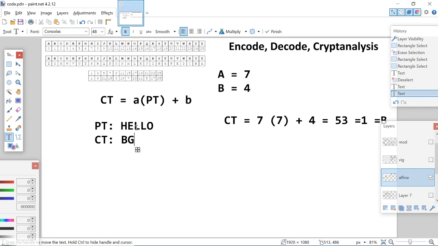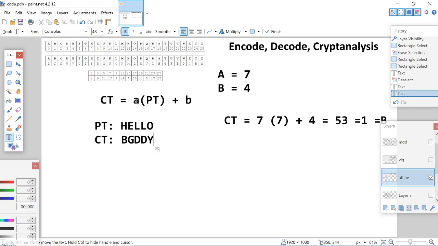I get 3. So D, sorry, because obviously they're the same, both D. 14 times 7 plus 4 divided by 26 minus the whole number times 26. 24. So Y. So in this case, that is the whole thing encoded. Simple. It's really just math.